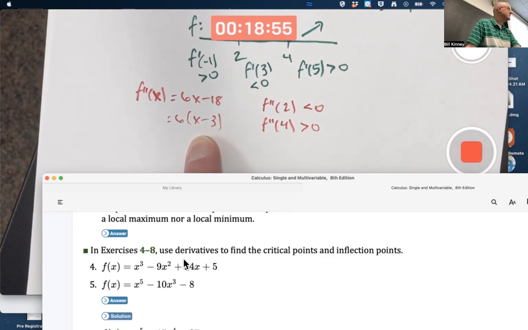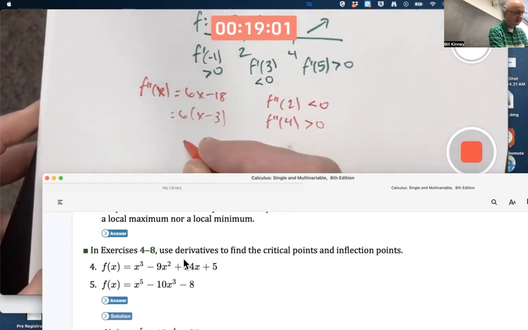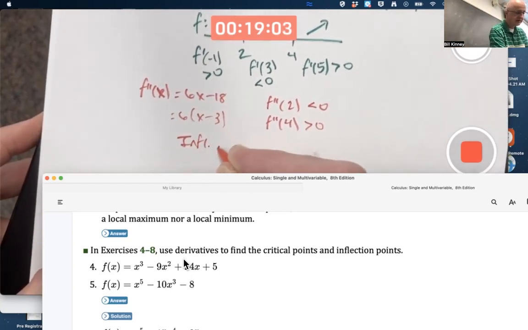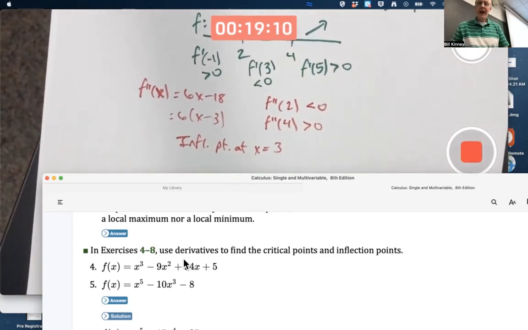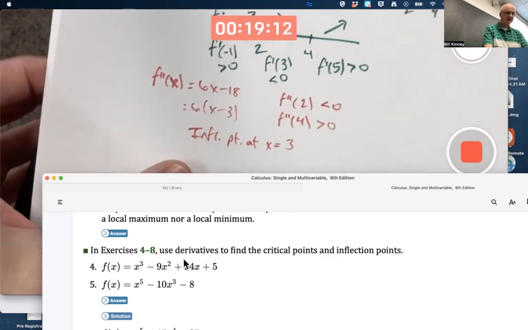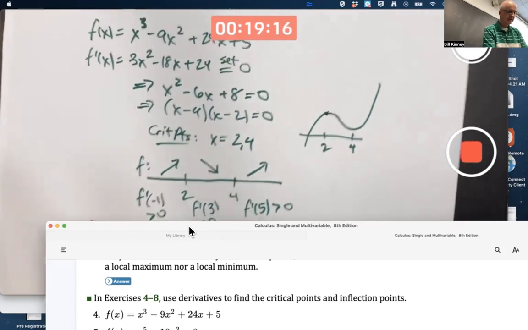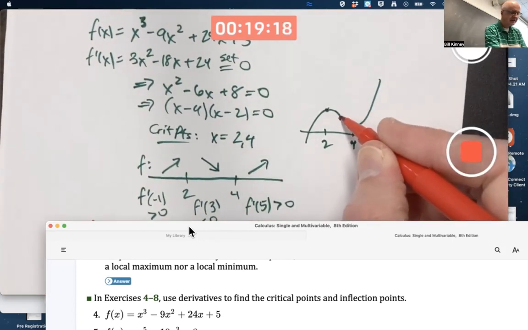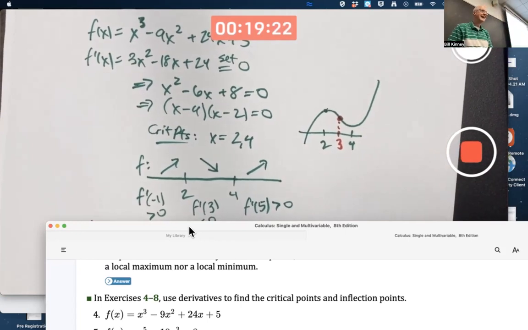The second derivative is changing sign at x equals 3. There's an inflection point at x equals 3. The graph changes its concavity at 3. It's concave down to the left of 3 and concave up to the right of 3.